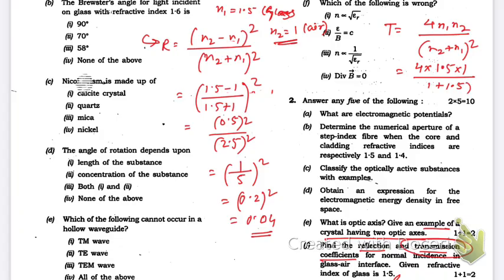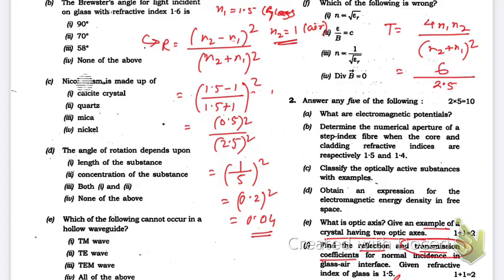Okay, that's it. So now if you calculate this, 4 into 1.5, that's going to be 6, into 1, 6 again. So we can make it 6 here, and 1 plus 1.5 is going to be 2.5. So 6 by 2.5.